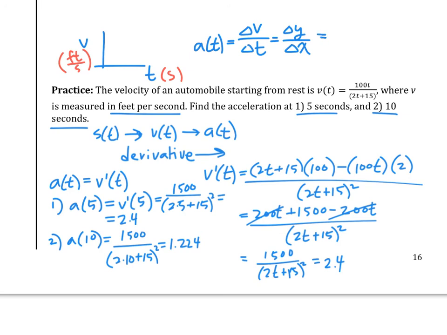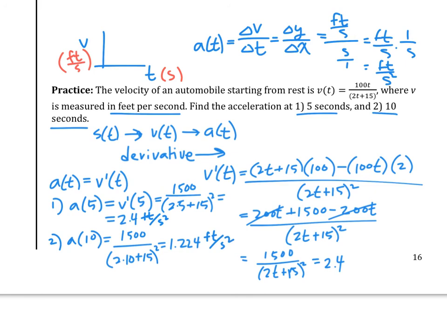What is the unit for velocity? That is feet per second. And what is the unit for time? That is second. And so remember, this is not going to end up with feet. This is second over really 1, right? So then if you have a fraction divided by a fraction, it's the fraction times the reciprocal. So this unit is feet per second squared. Okay, so this is all feet per second squared.